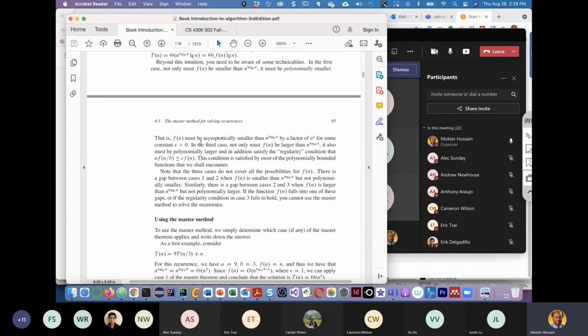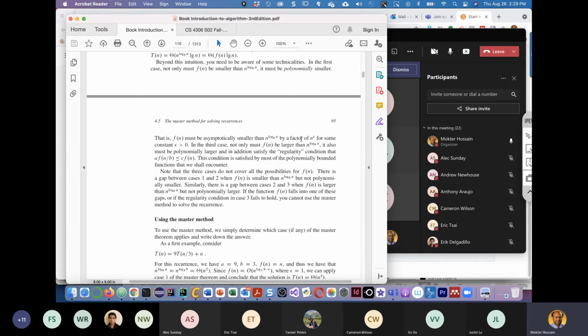That is, f(n) must be asymptotically smaller than n to the power log_b a by a factor of n to the power epsilon, for some constant value of epsilon.